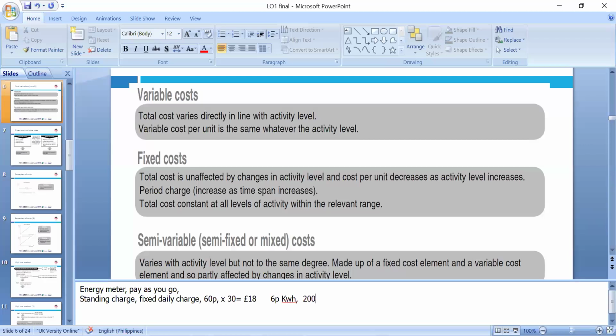So if you use 200 units times 6, that's 1200, divided by 100 because pence are converted into pounds, so £12. There is an element of fixed, which is £18, and as many units as we use, that's your variable. That's the way you can look at it.